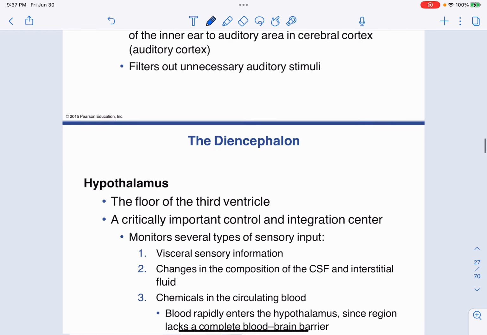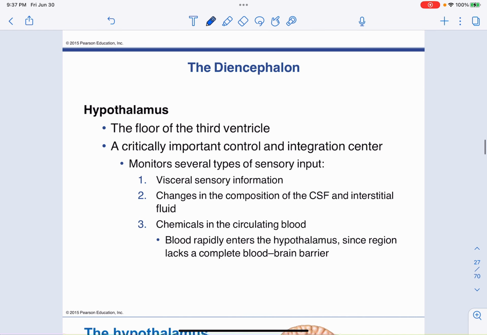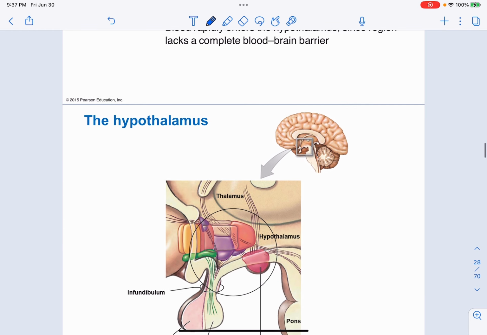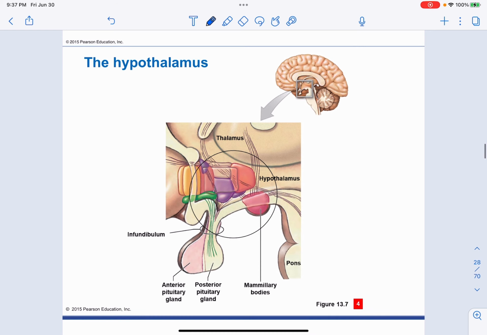And now we are going to move on to the last part of the diencephalon, which is the hypothalamus. And I want to start by showing you an image of the hypothalamus, and then we'll work on some of the functions.